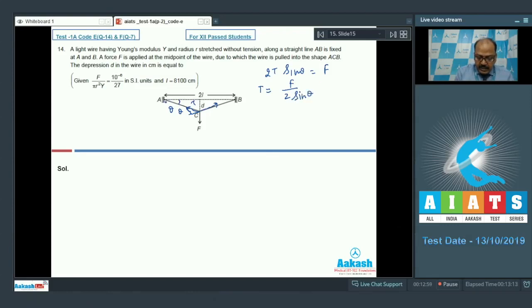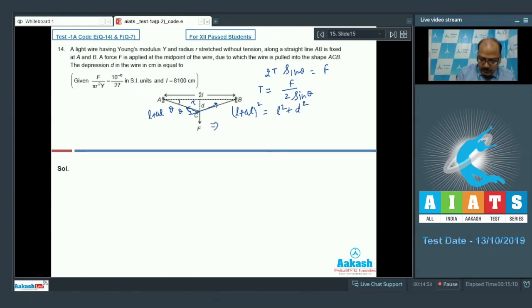Now this length is L, half the wire has length L, and this has become L plus delta L. Let's apply the Pythagoras theorem and we get L plus delta L the whole square equals L square plus D square.